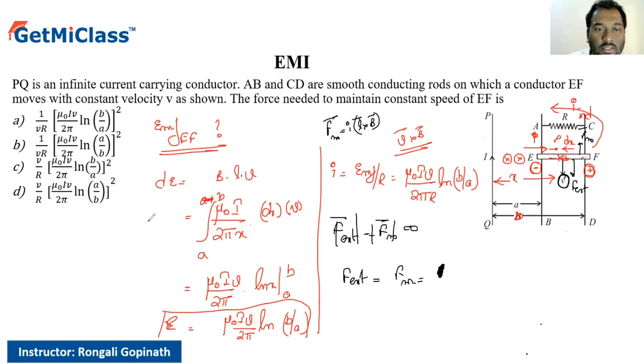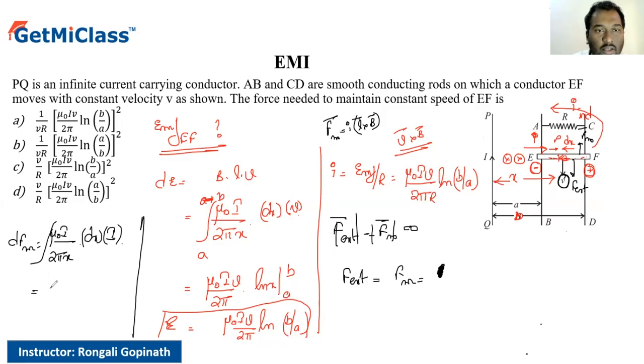So it is dFm is equal to mu naught I by 2 pi x, L is dx, into the current is I induced, which is constant, it cannot be changed.